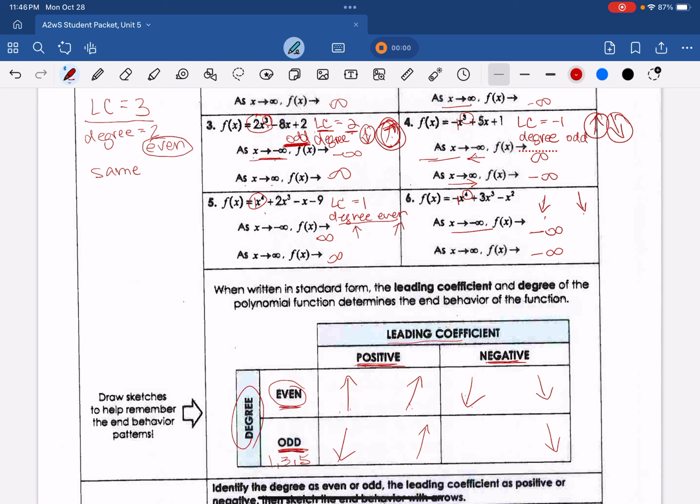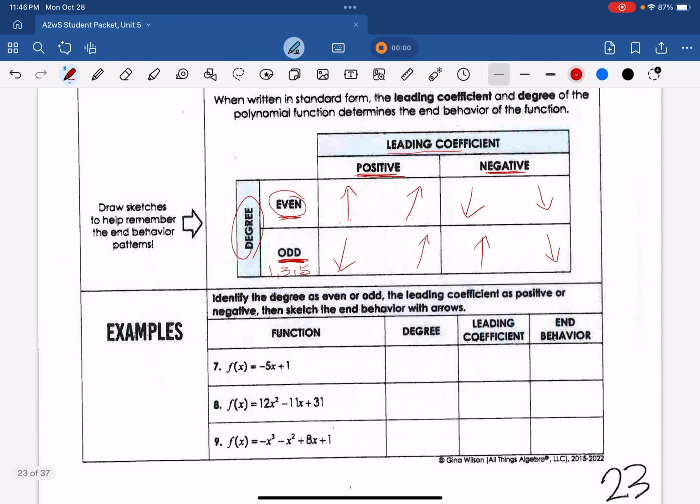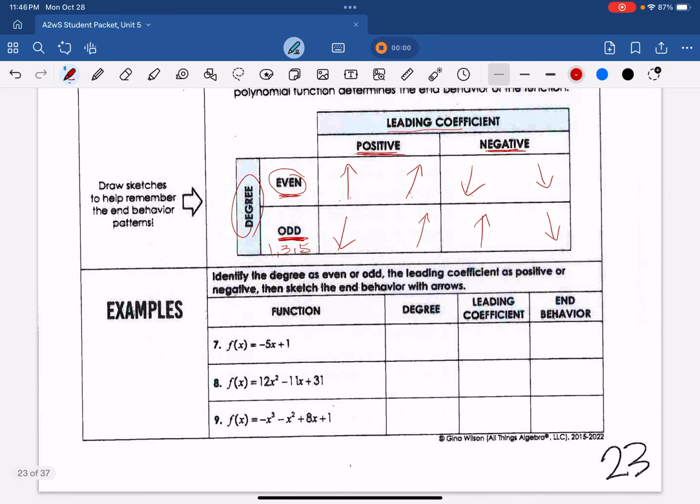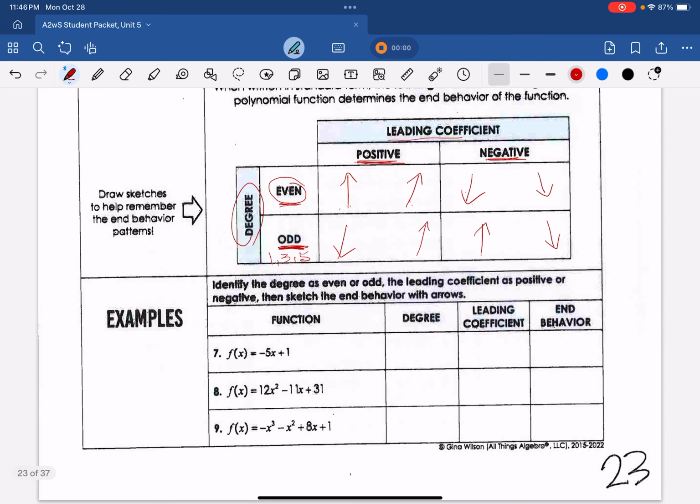But since they are odd, the left side is headed up. So hopefully this little chart can help you as we move into the next section. I'm just going to try 1 or 2 with you, and then your job for the rest of the day is to finish page 23 and page 24 and fill in the end behavior for these things.